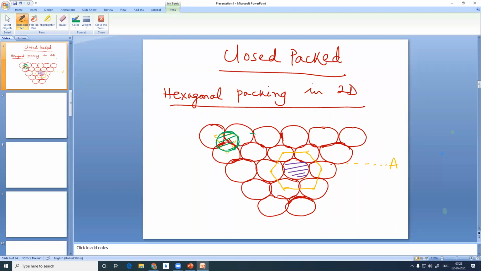This is protruding out, and I am using this, so I cannot use this series of cavities. So if I use a particular series of cavities in one line, then the adjacent series of cavities I have to miss out, and then the alternate one I will be using, right? I will be using this one. So that means I have left out this one, this one, this one, this one.